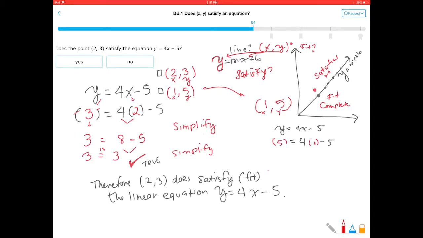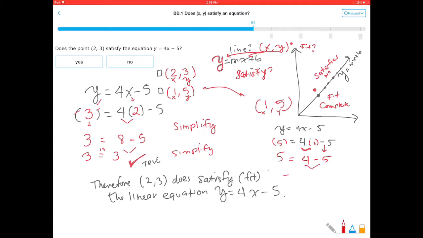Let's see if this point satisfies the linear equation. Then 5 equals, simplify. 4 times 1 is 4. Bring down what you don't use, minus 5.